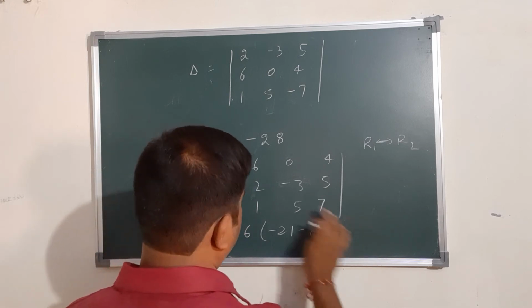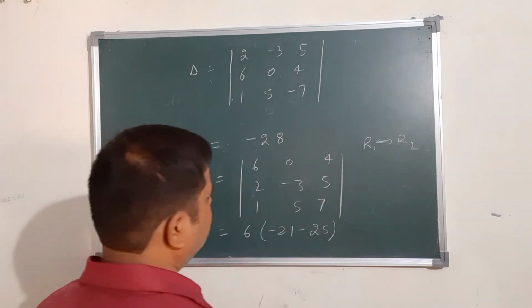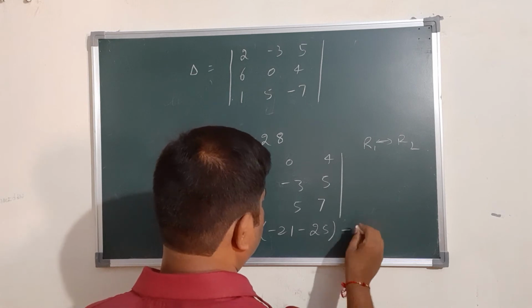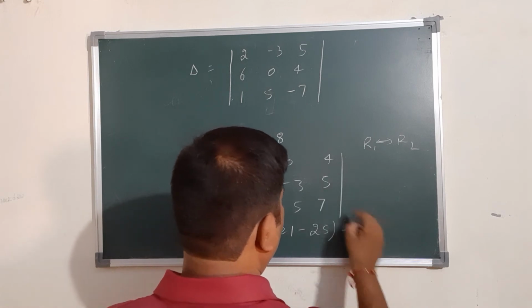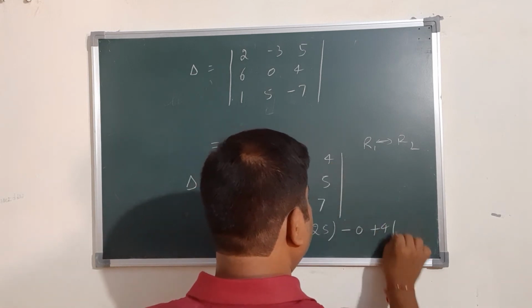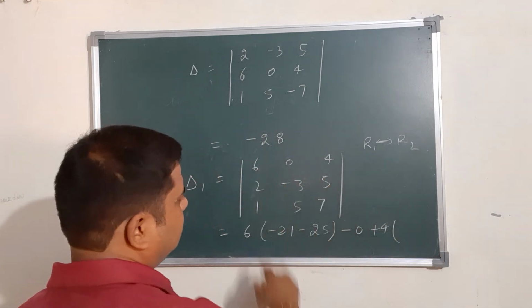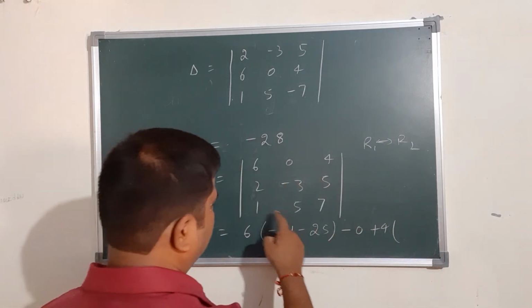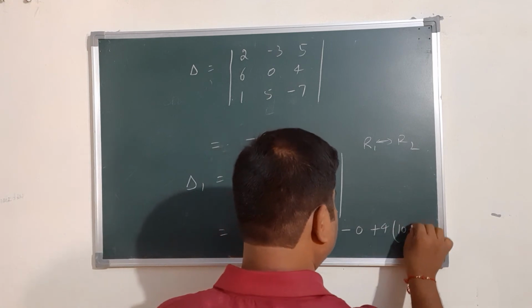So this is 6 into this thing, and now minus 0, 0 is only 0, and plus 4 into, leaving this row and this column, 2 5s are 10 minus plus 3, 13.